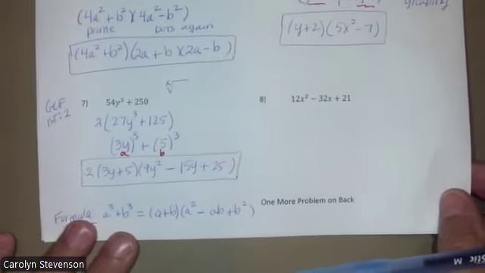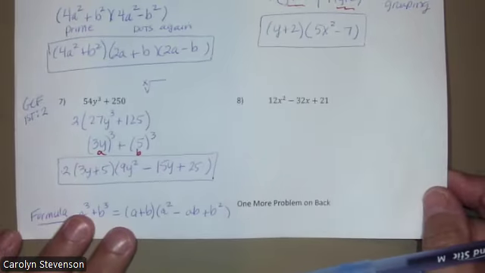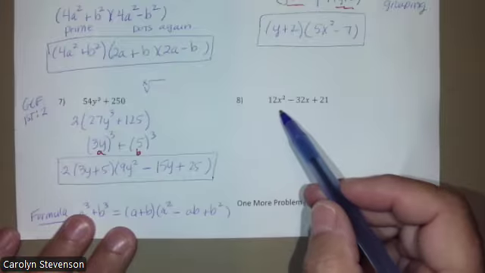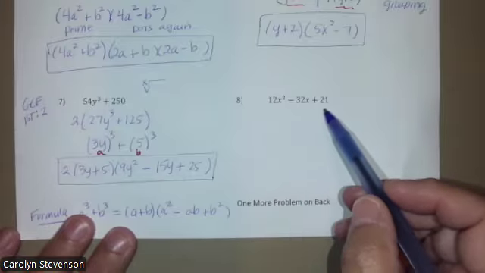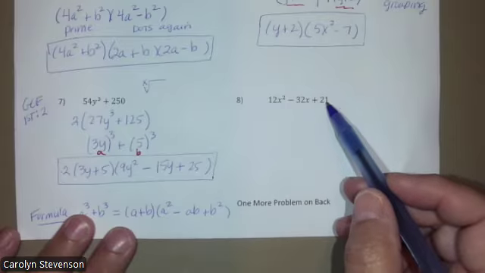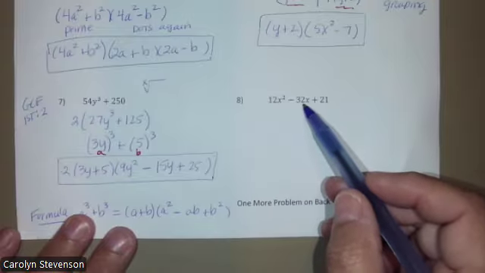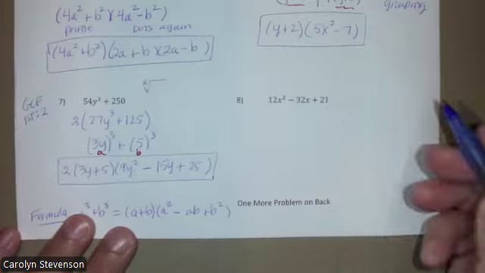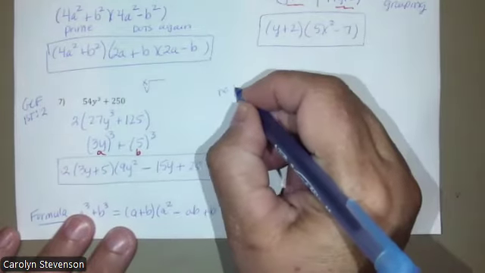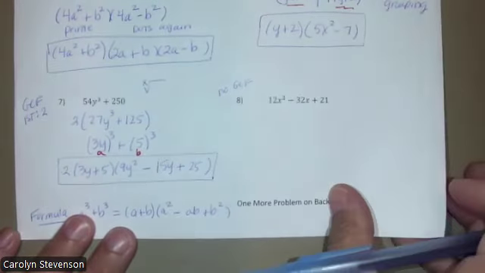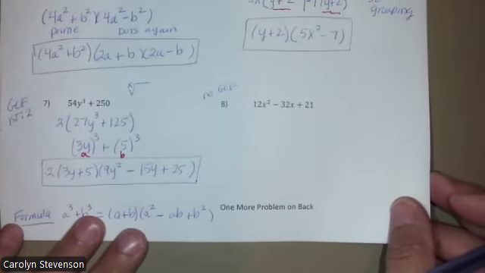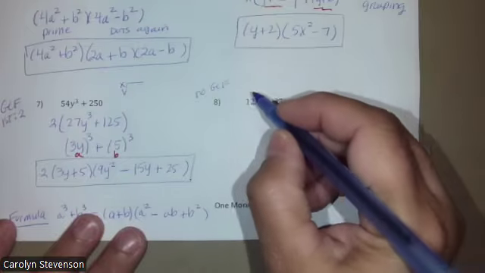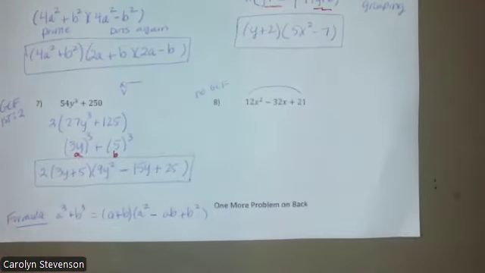All right, number 8. We've got a trinomial. Look to see if there's something common. The only things you could divide into 21 are 3 and 7, but they won't go into the 32. There's no variable in everything, so there's no GCF. So this is one of the harder trinomials, where we are going to first multiply these two together.